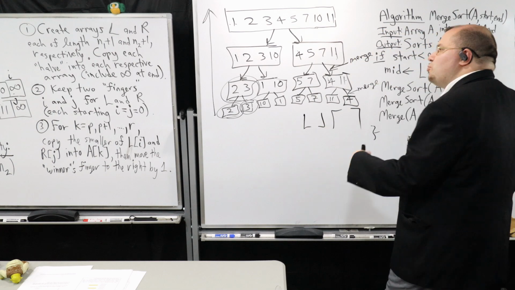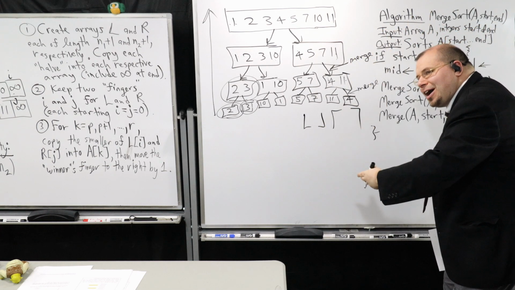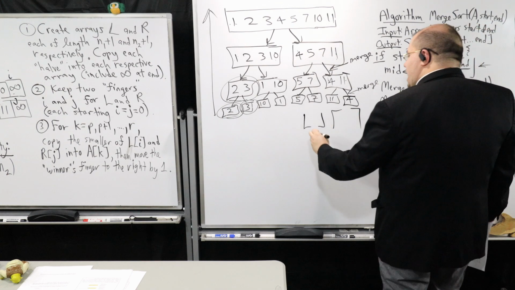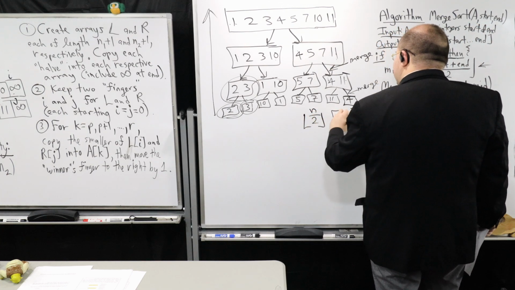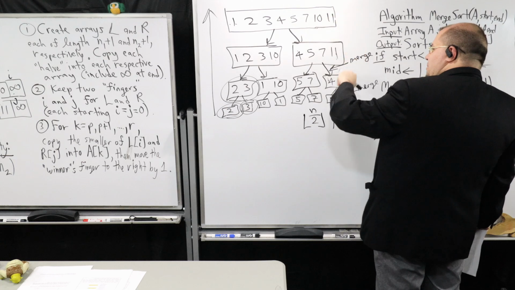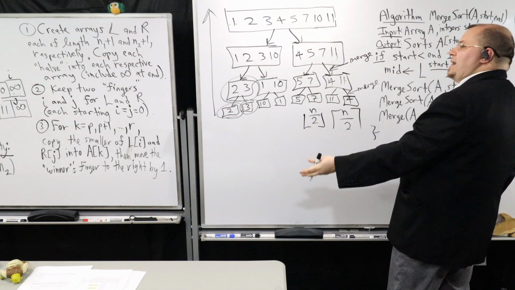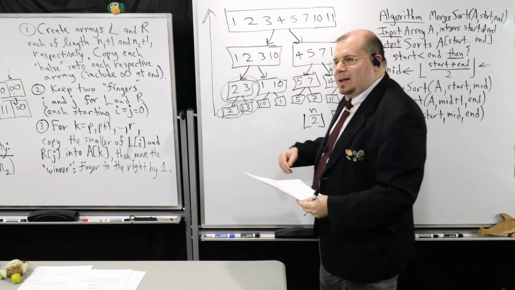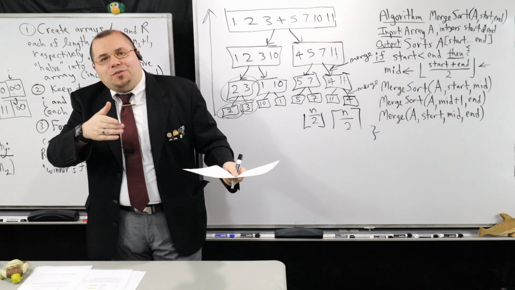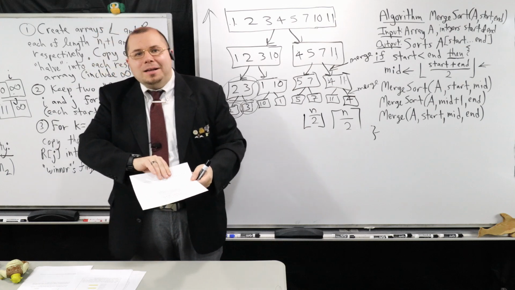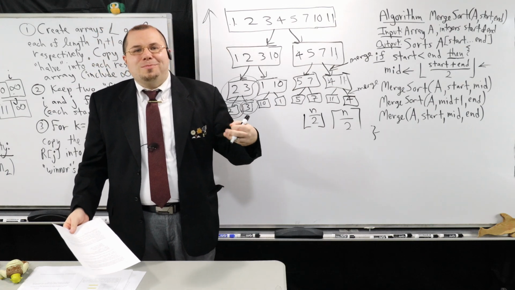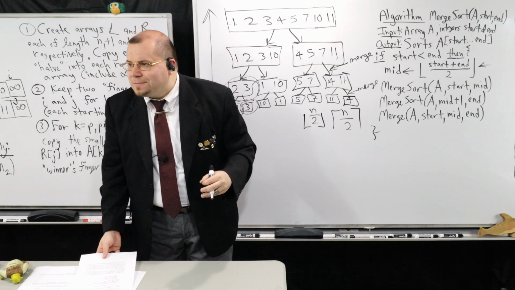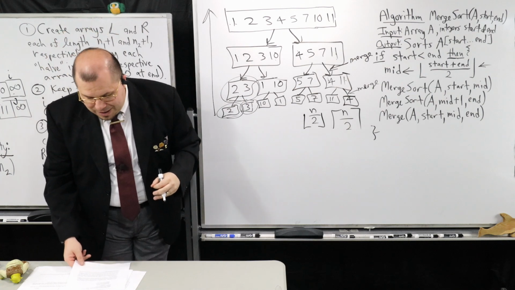When you can't cleanly divide, the floor of n over 2 goes to one side, and the ceiling of n over 2 goes to the other side. It doesn't matter whichever gets that extra one. The point is that you're still making it so they're roughly equal to each other. But that's a good question.